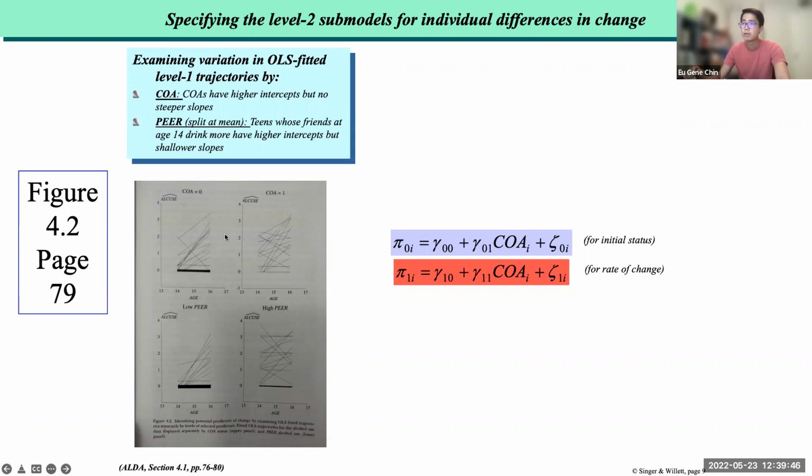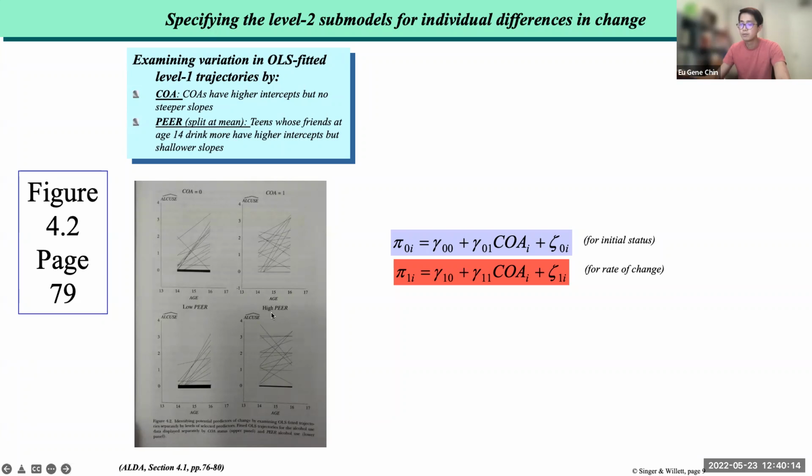And then for peer, we're actually going to split, because peer is a continuous variable. We're going to split this in half. So those who have a low proportion of friends who drink regularly, and kids who have a high proportion of friends who drink regularly. And we see, very interestingly, that peer really does seem to be a very powerful predictor.